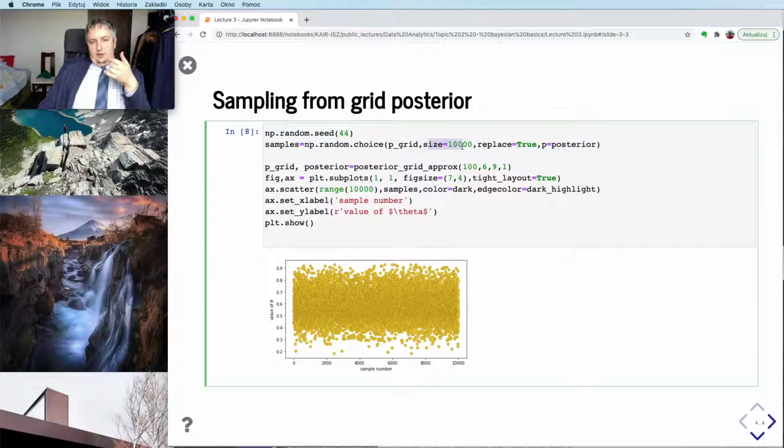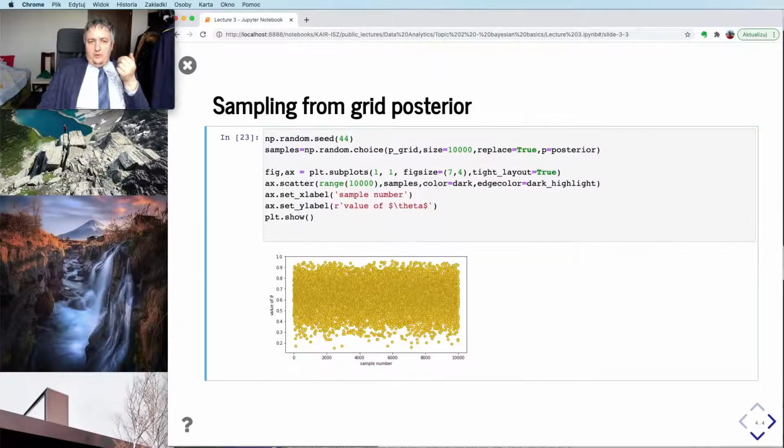We do it 1000 times, with replacement, and the probability of each of the points on the grid is determined by the posterior, the value that we had before. Having that, we can compute the values properly. This is actually not needed here. I'm not sure why it's here.